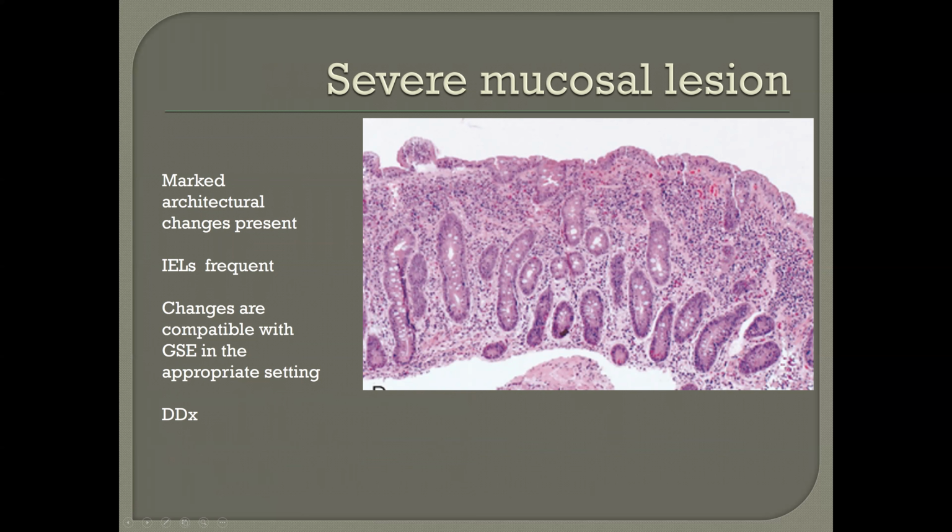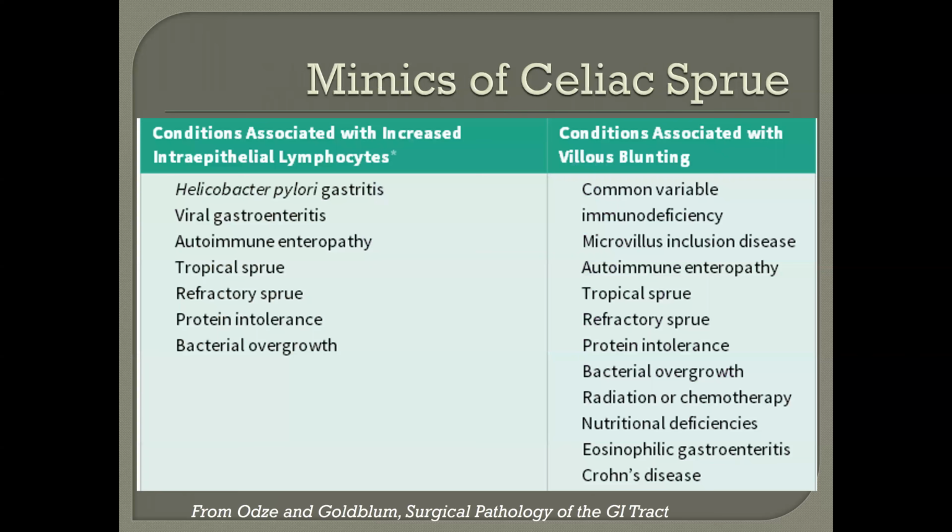But I'll just pull up this little chart here to show you other things that need to be considered in the differential diagnosis. This is from Dr. Odze and Goldblum's nice textbook on GI pathology.